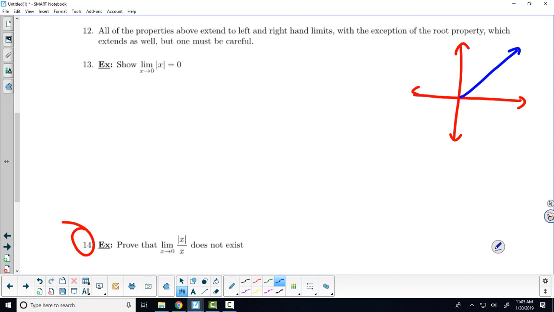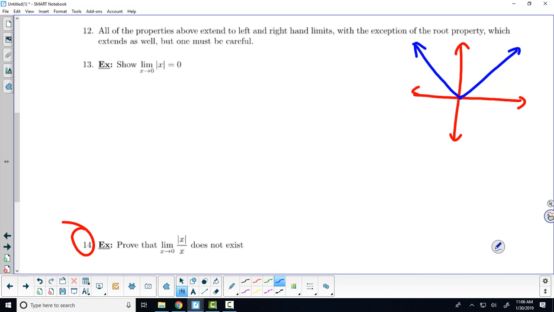Plug in 3, it spits out 3. Plug in 12, it spits out 12. For negative x values, it behaves like the reciprocal of the identity function. Plug in negative 3, it spits out positive 3. Plug in negative 12, it spits out positive 12.